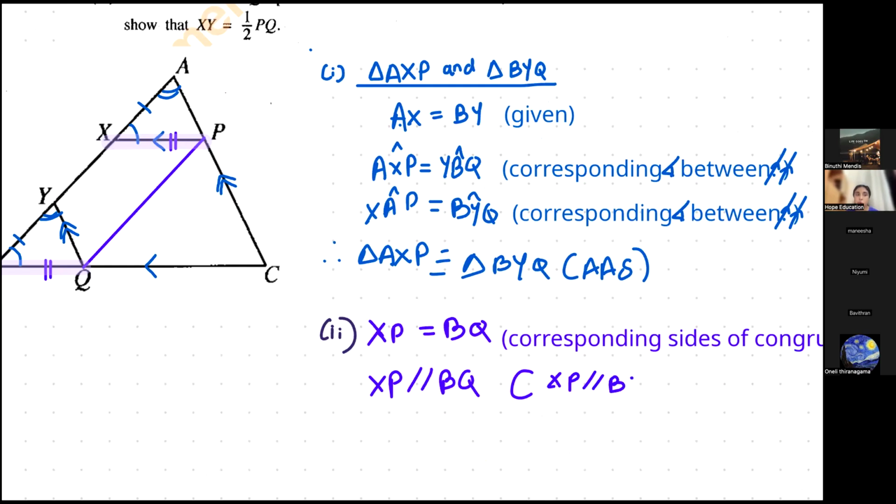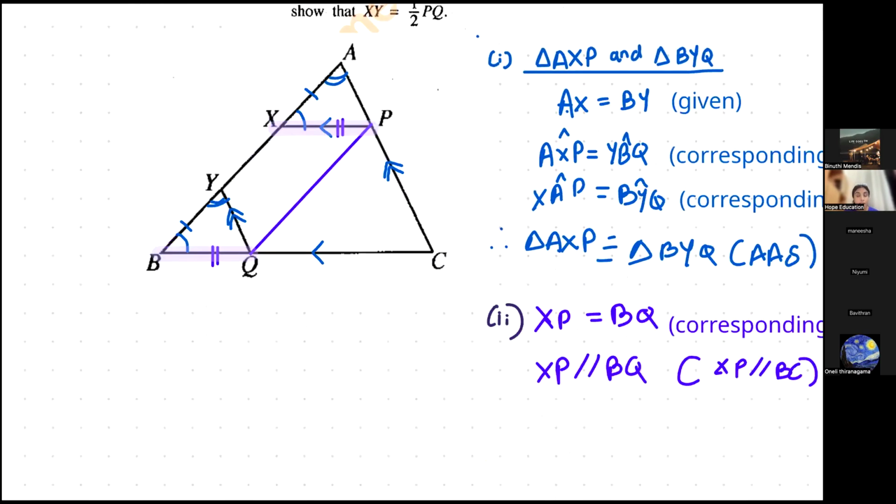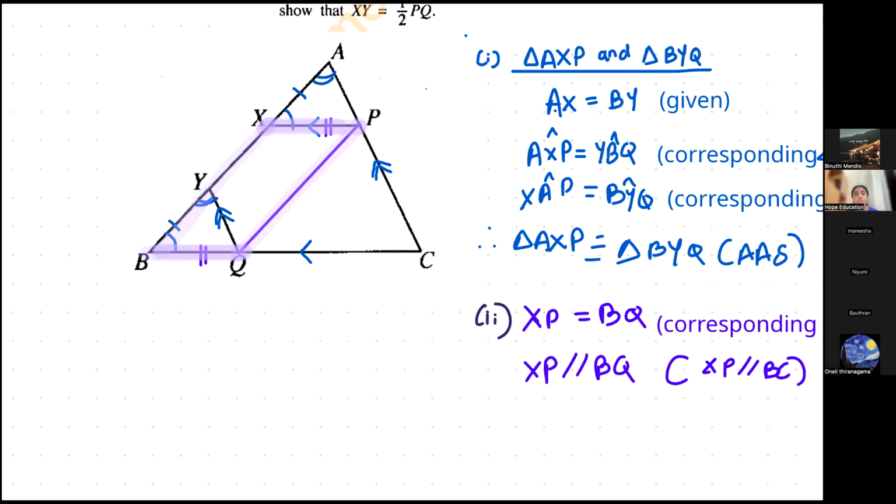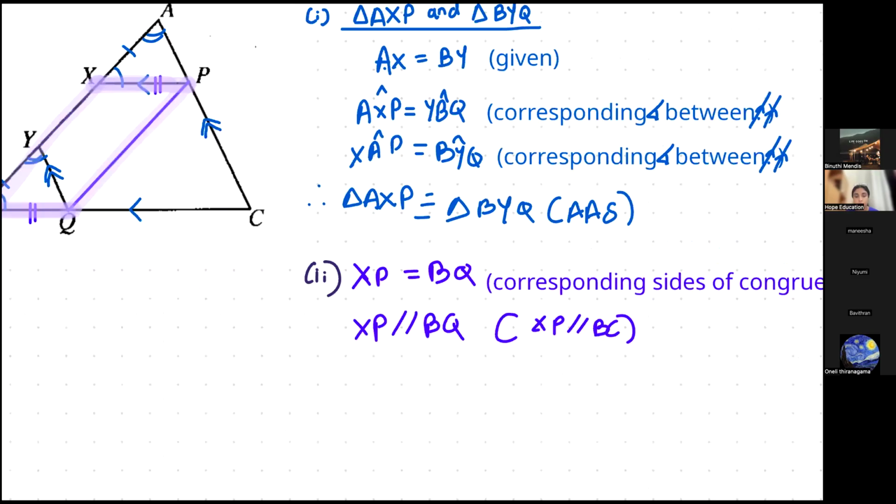Now, in a quadrilateral, if the same pair of opposite sides are both equal and parallel, we can say that the quadrilateral is a parallelogram. XPQB should be a parallelogram, no?